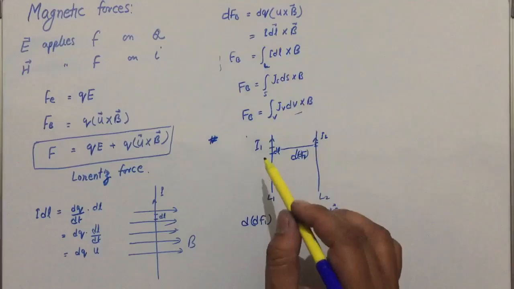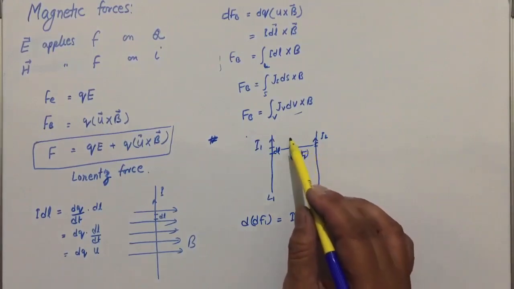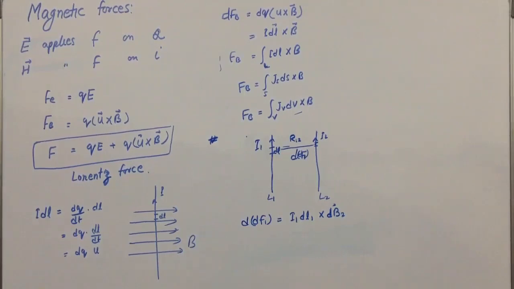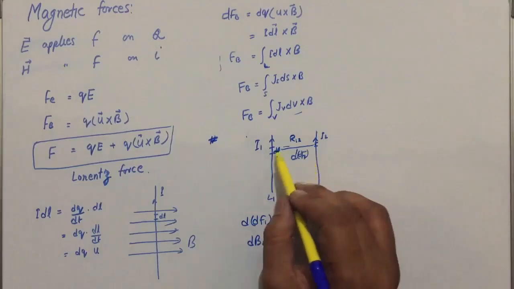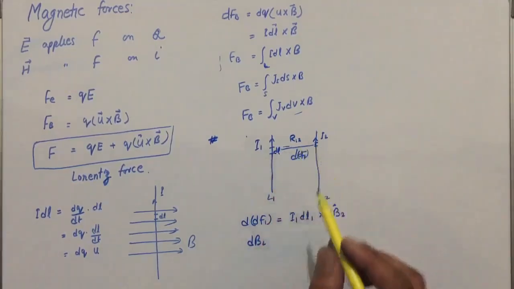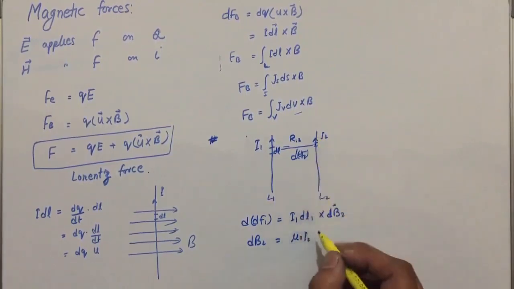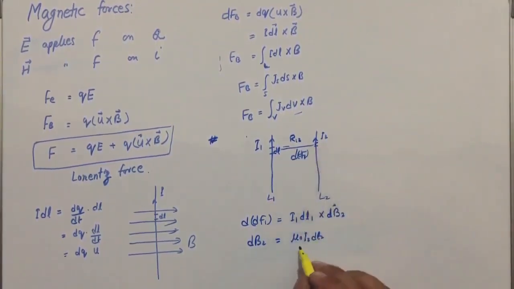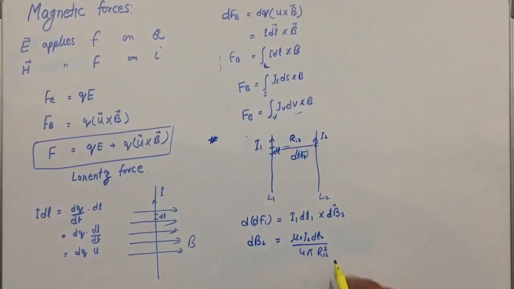This is the current element and this is the field from the other element. If the distance is r12, the field due to this element at this point can be written as dB2 equals mu naught I2 dl2 divided by 4 pi r12 square, with the unit vector in this direction, a r12.